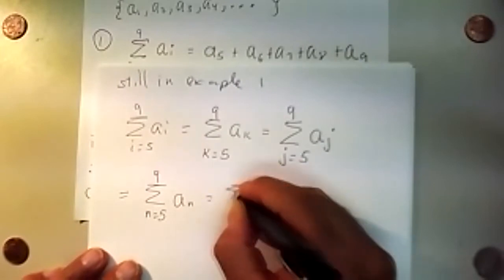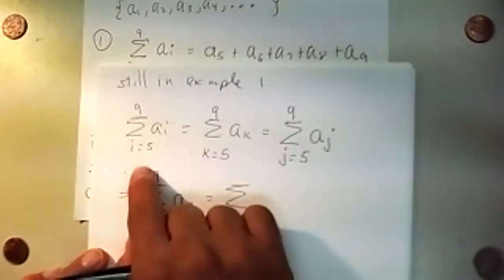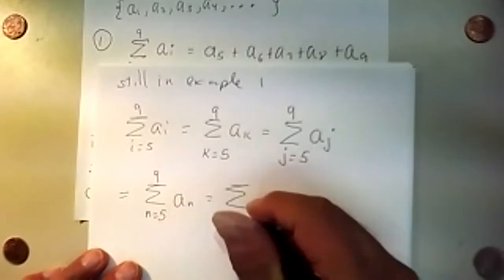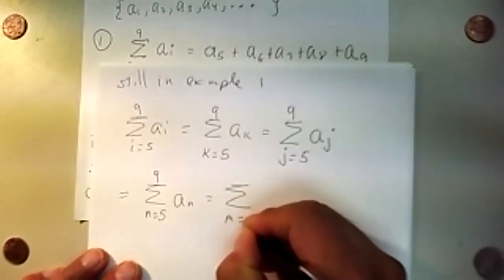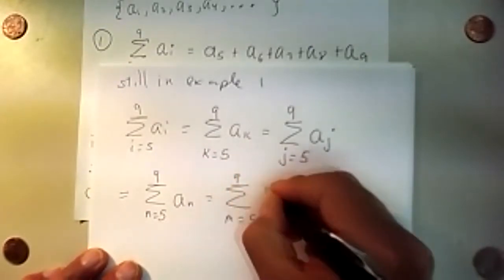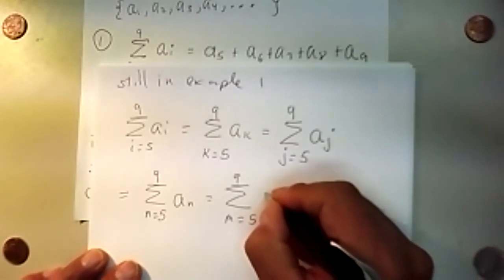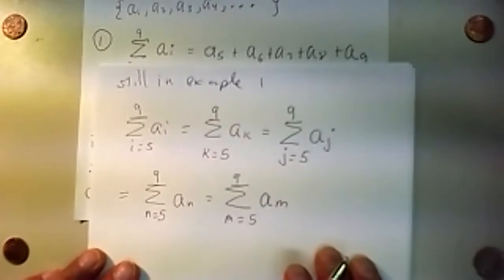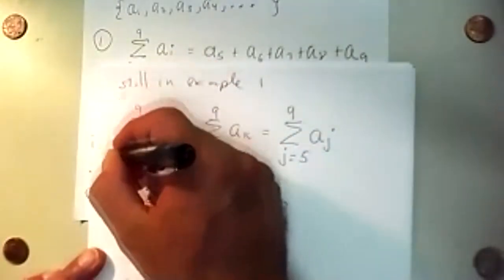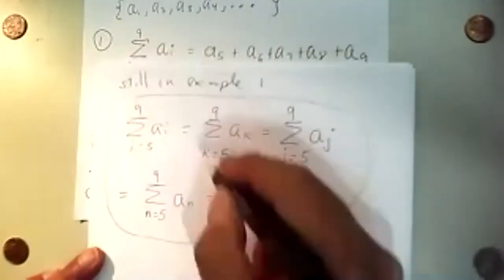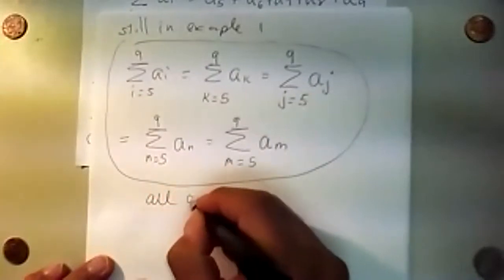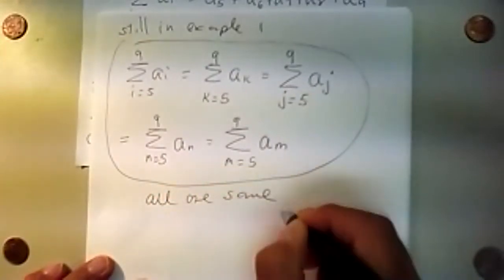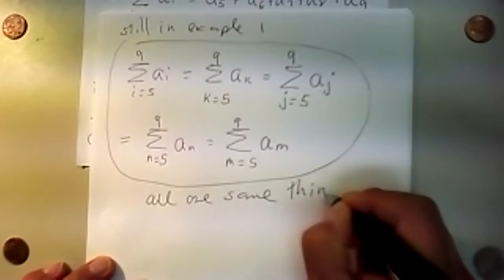I, J, K, N, M are, I would say, the most common letters, but you could use anything really, A sub M. So all of that is the same.